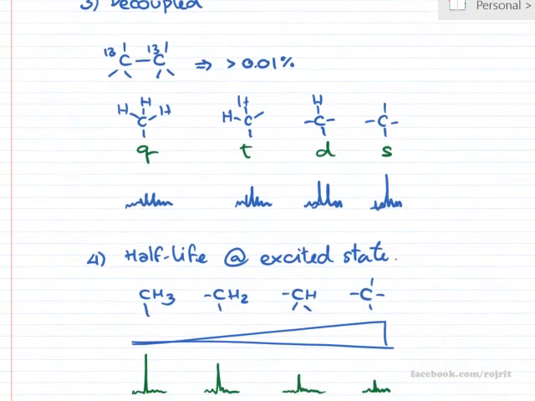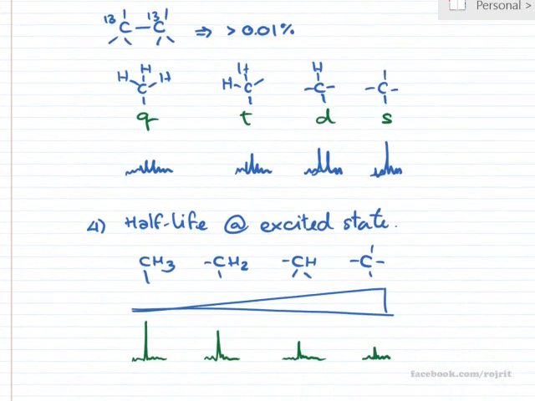And another thing that's very important here is the half-life in the excited state. So normally, when we do the NMR experiment, we use a radio frequency source to excite your carbon to the excited state. When it goes back down, it releases the energy, and we collect that, right?